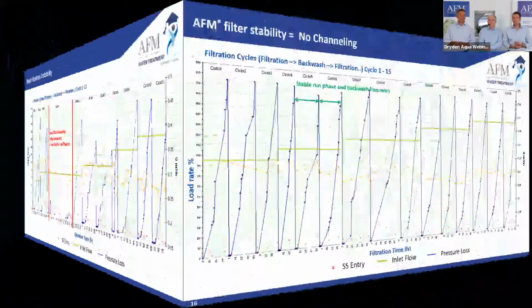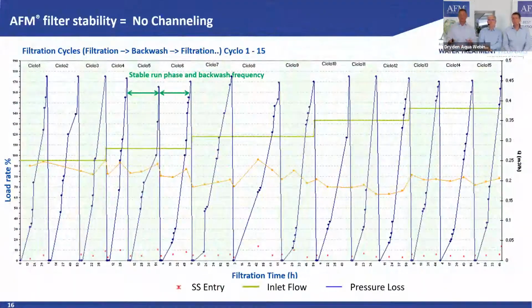And if you compare this with AFM, again, a similar filter side by side, you see here the pressure increase. It's really going up. Bam, backwash, pressure increase, backwash, pressure increase, backwash. It's like a Swiss watch. You also see there are more cycles.